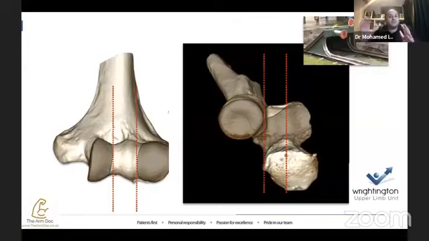Elbow stability is a function of osseous and ligamentous structures, and the contribution on the medial and lateral aspects isn't the same. We always discuss distal humeral fractures as three columns, like my talk yesterday, and the same applies here. On the medial side, the olecranon and the coronoid process include the medial trochlea through an arc of 170 degrees, so it is a very congruent, very constrained bony structure.